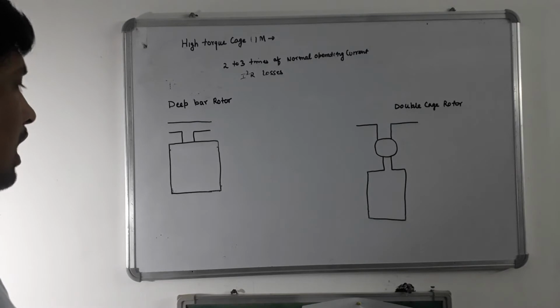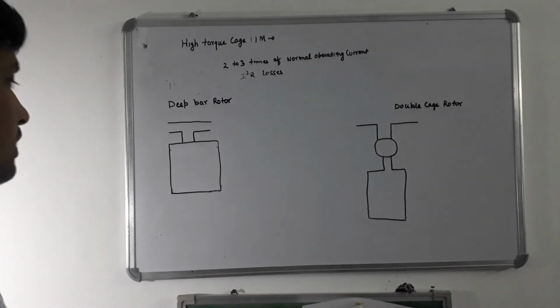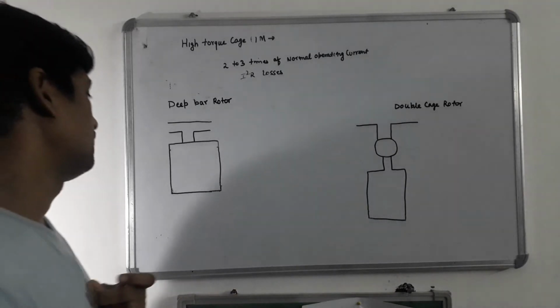We will see how the starting current is reduced and how the starting torque is improved. Now I will discuss the deep bar rotor.